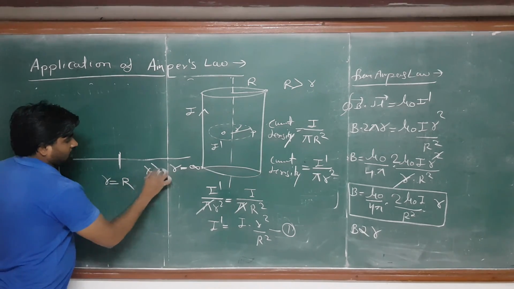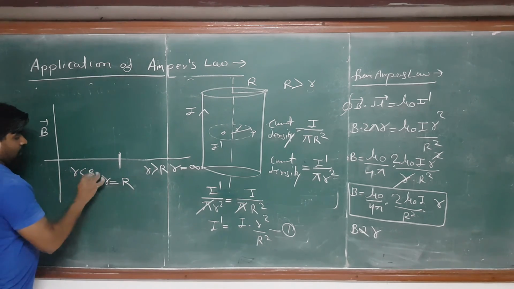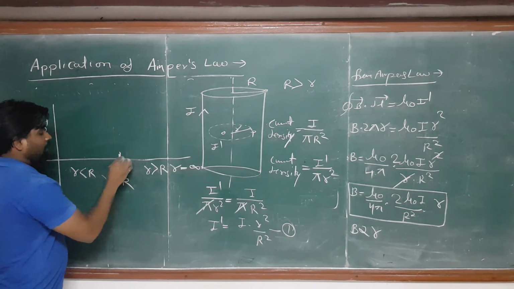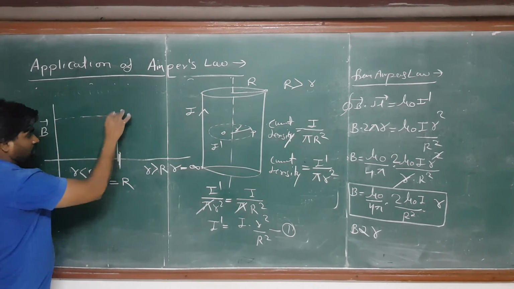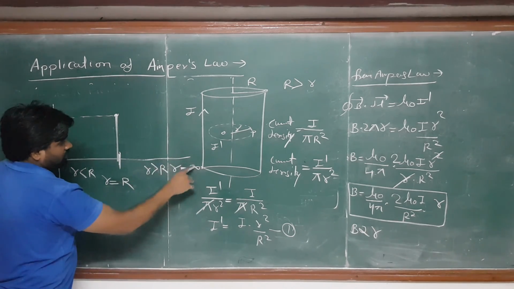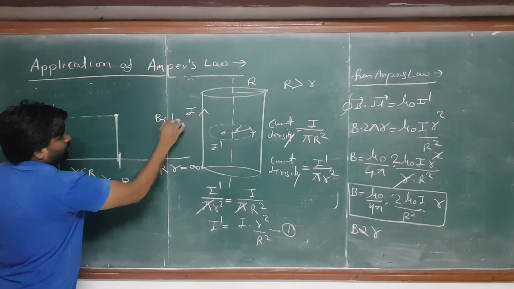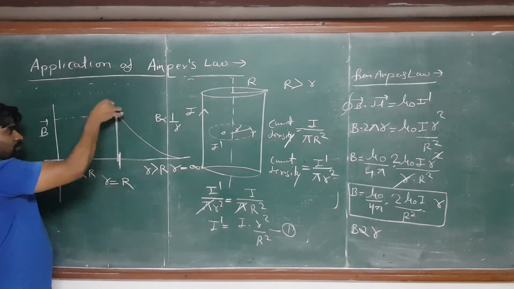Here r is greater than R, and here r is less than R. If r is equal to capital R, the magnetic field would be maximum. Let's suppose the maximum is up to this much. Coming from this region, B is inversely proportional to r when the point is outside, so it is increasing like this.